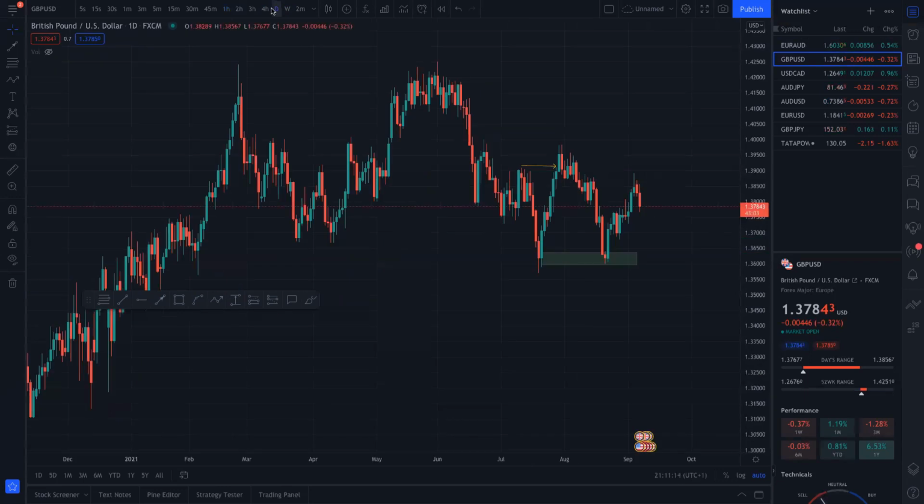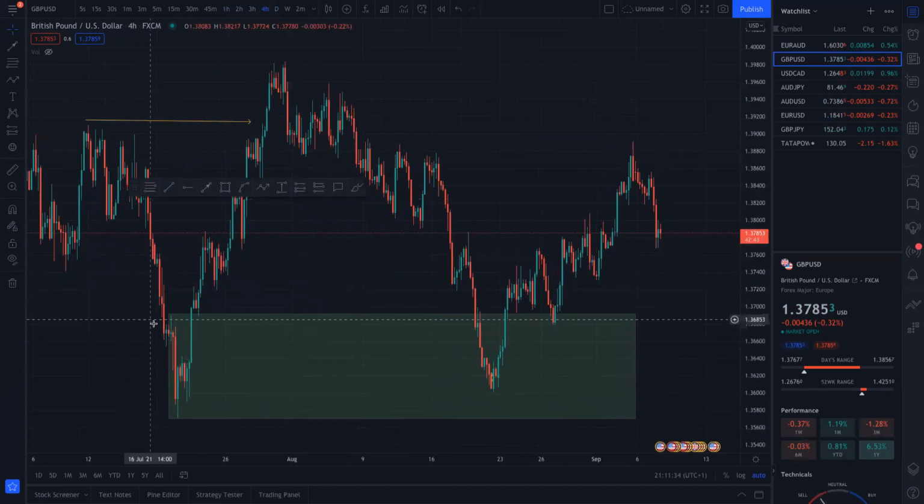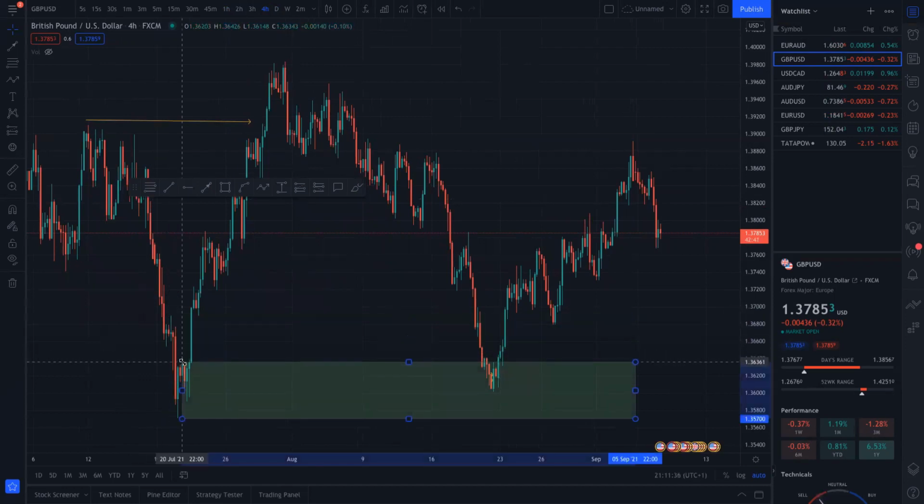Okay, so this is a daily chart. You see a clear-cut break of structure. So we want to go long, and where is the order block? Let's say this is an order block. If you go down and refine, it will come like this.